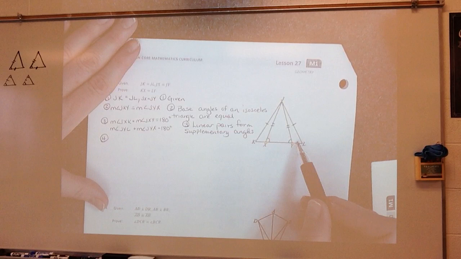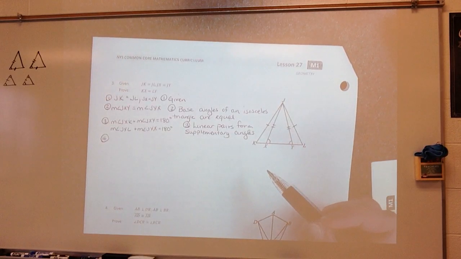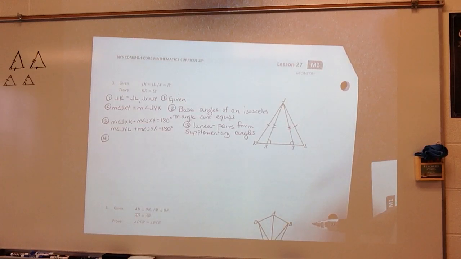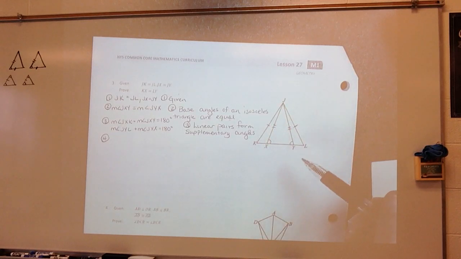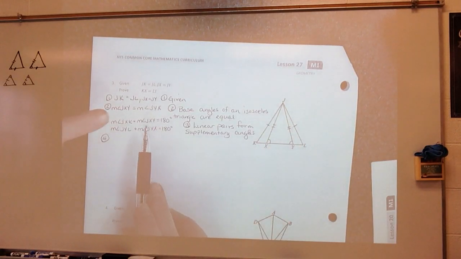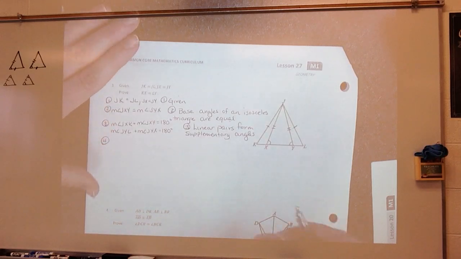So since we know that these are linear pairs, let's think about this. Okay, what do I know? Well, I know that this must be equal to this. Alright, I know that they have to be equal because of the substitution property.